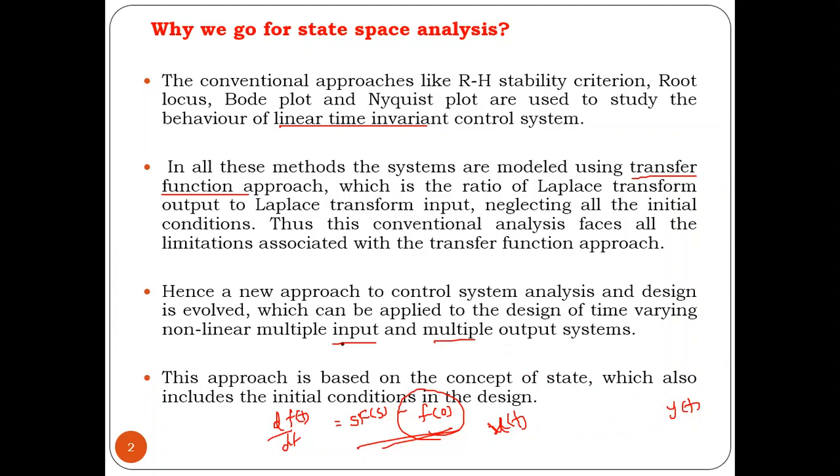But whenever you try to get multiple outputs with multiple inputs, the system design is a little bit complex using conventional methods. Whenever you have multiple input and multiple output, the system analysis is easy in the state space domain. Therefore, there are many advantages with state space analysis.